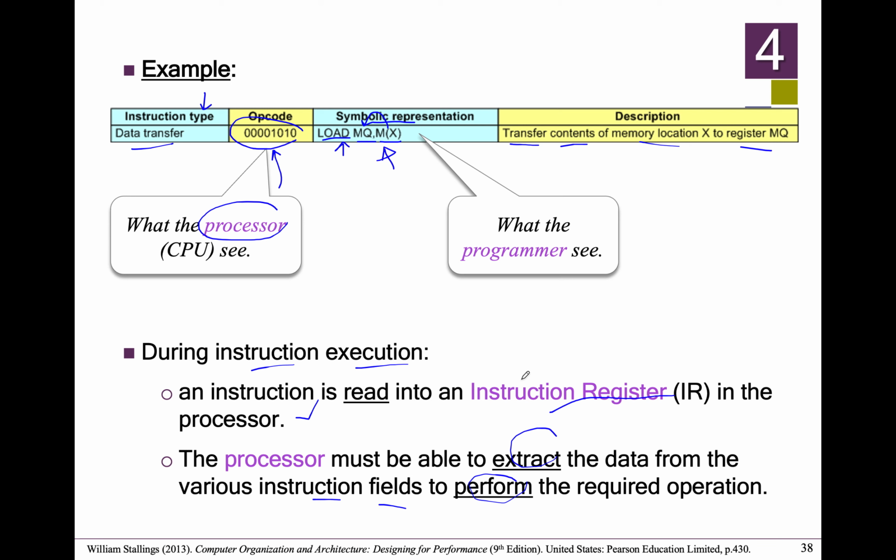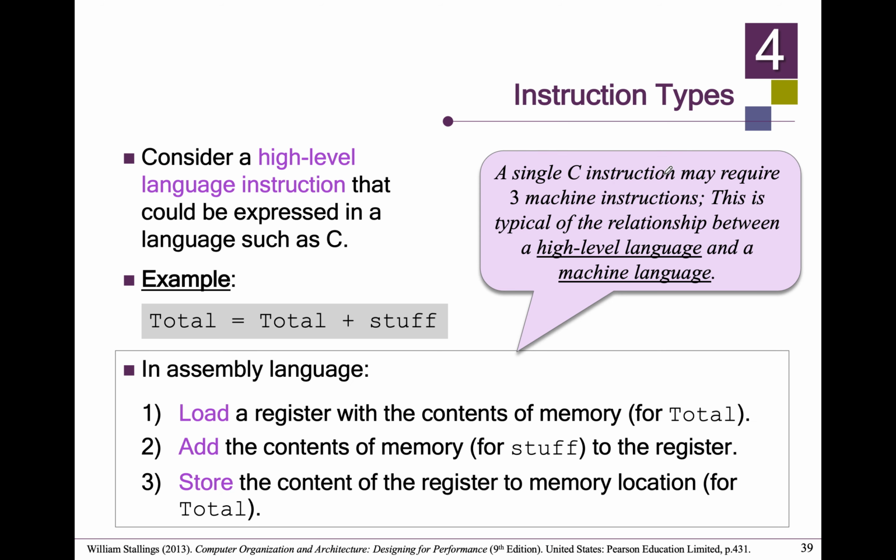So your processor needs to have the ability to extract the data from the various instruction fields. Let's say the instruction tells you to fetch from your memory, then you are able to do it. There are several instruction types. So you can see there are several instruction types, of course.